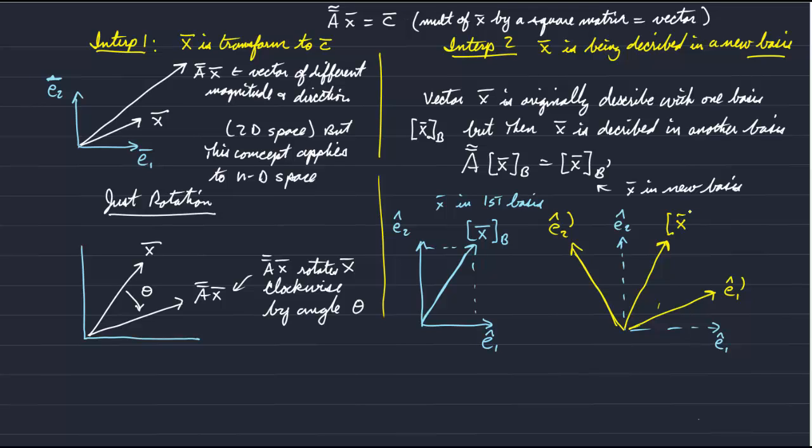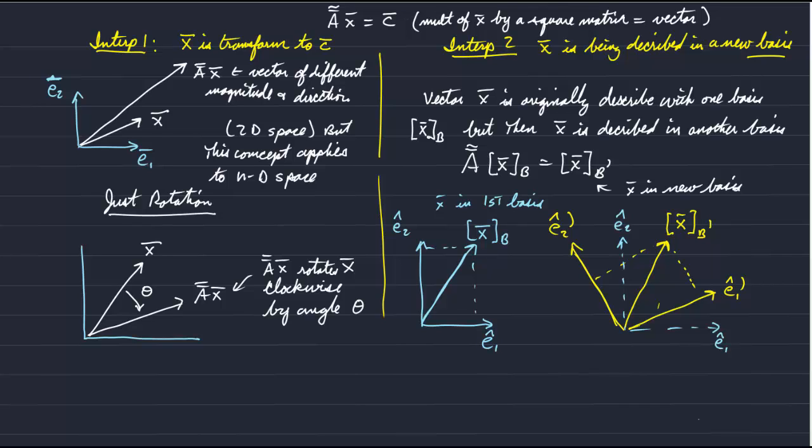This same vector is now being described in a rotated coordinate system because it will have a different value in the E hat 1 prime direction than in the original, and it will have a value in the E hat 2 prime direction.